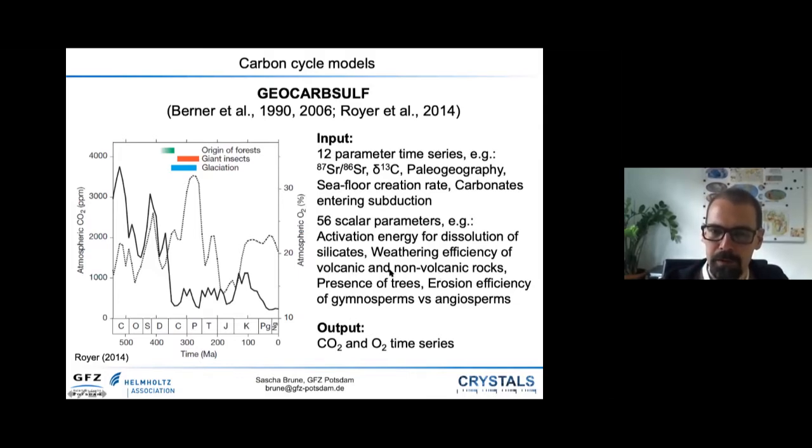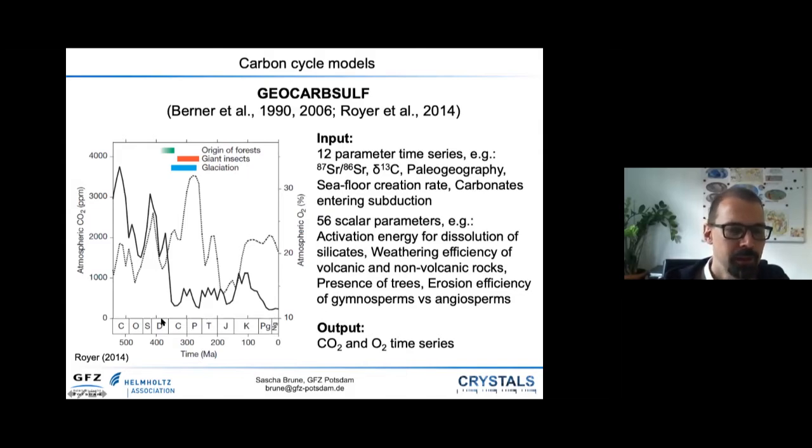We have some petrological aspects, activation energy for dissolution of silicates, weathering efficiency of volcanic and non-volcanic rocks, but also biological components like the presence of trees, erosion efficiency of gymnosperms versus angiosperms. This is one that I like particularly.